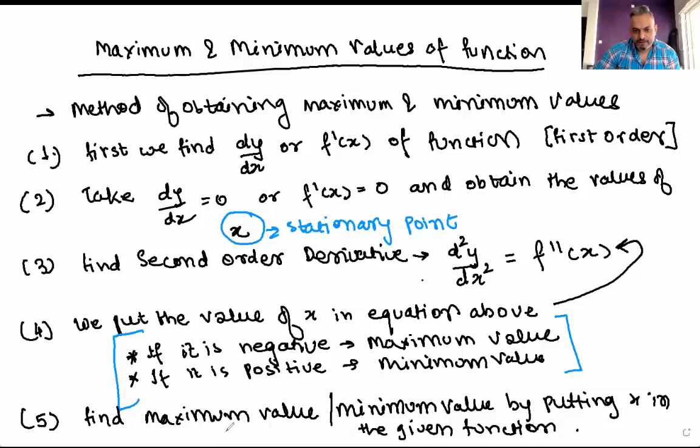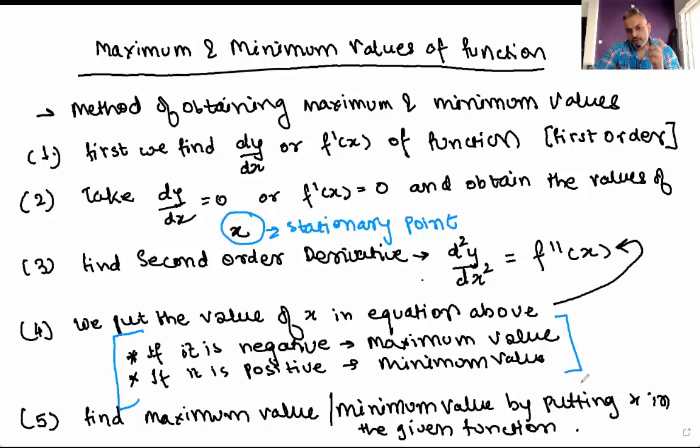We find the maximum value or the minimum value by putting x in the function. Now see, basically the function is just an equation, and which is given f of x is equal to so and so, or y is equal to so and so.